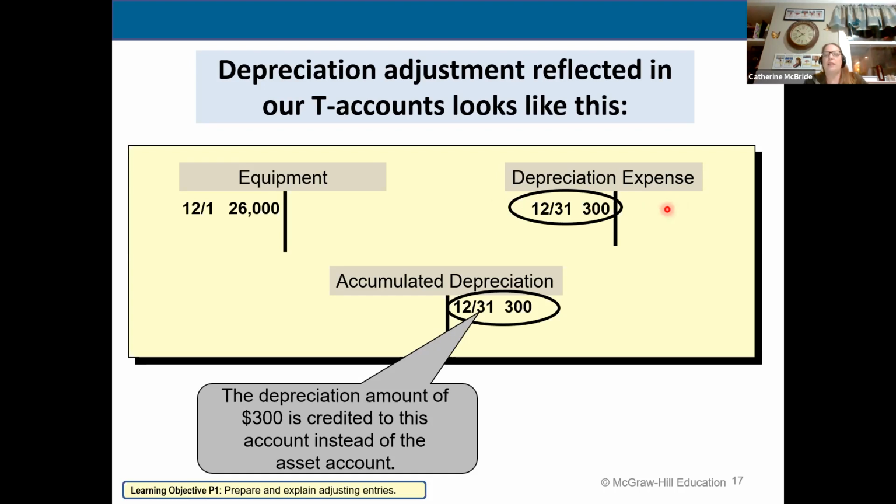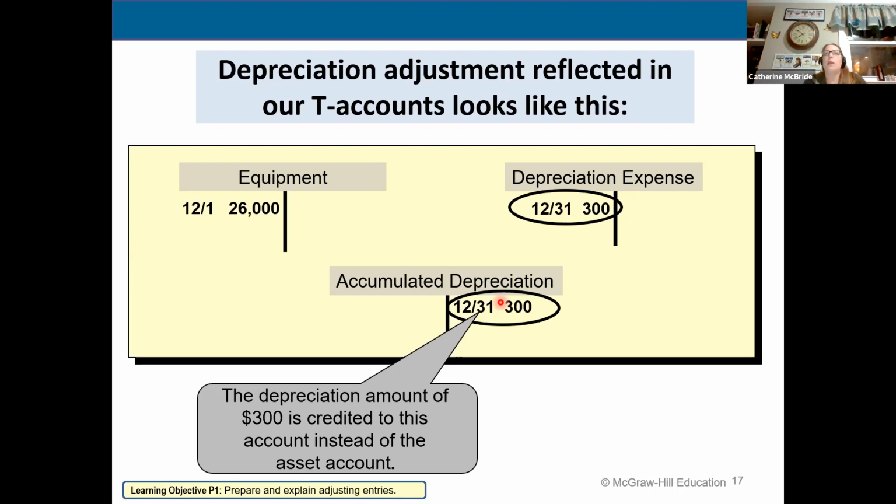Depreciation expense, and the other account is accumulated depreciation. Accumulated depreciation is a new account for you. It's also a new type of account. Accumulated depreciation is what is called a contra asset. What that means is that it's a special type of asset that has the opposite normal balance.